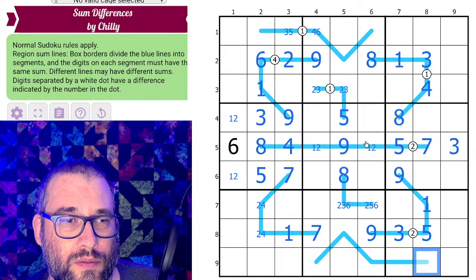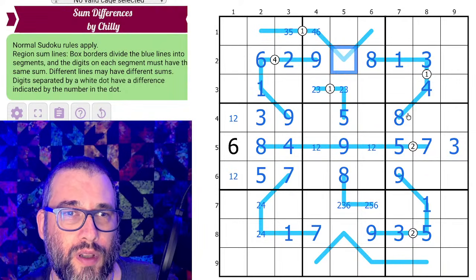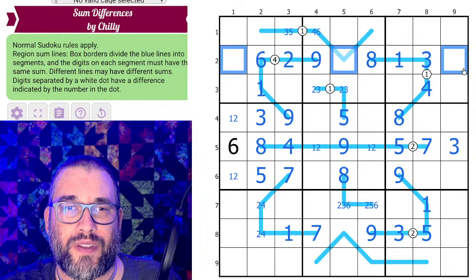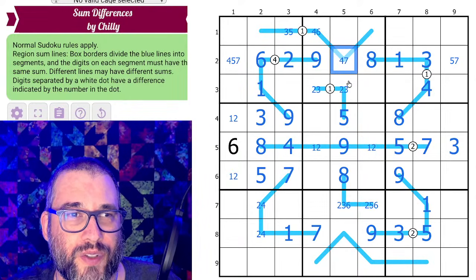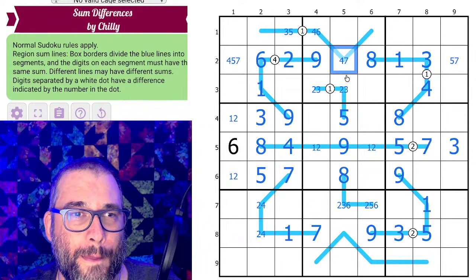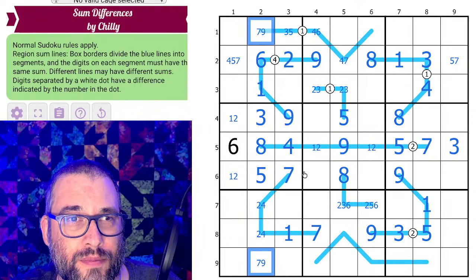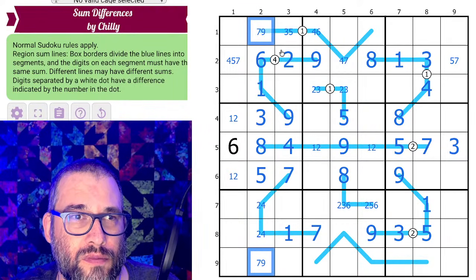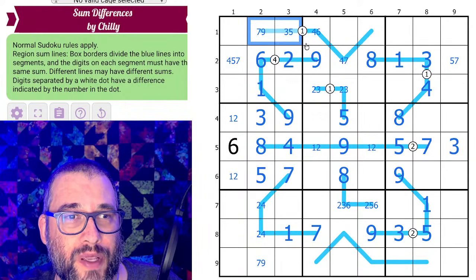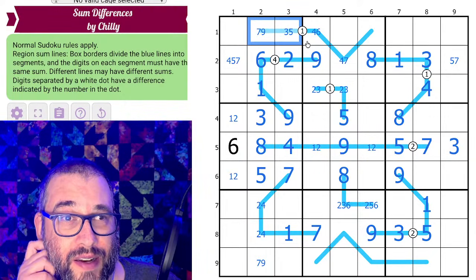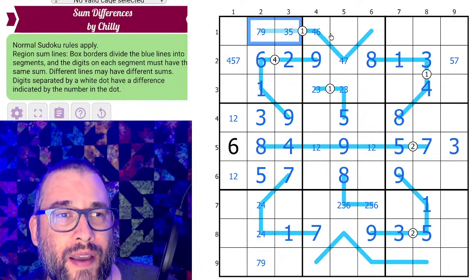2 column 5. Well, we only have a few things left in this row. So let's, yeah, 4 or 7 by Sudoku. 7 and 9 left in this column. So the sum can't be 12, or it can't be 10. 12 would be 7, 5.